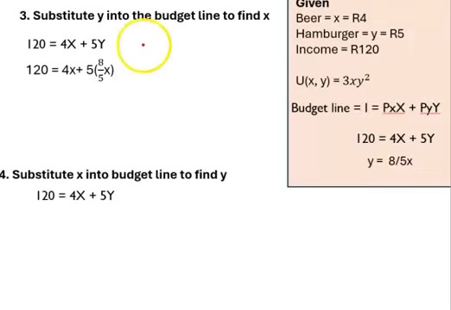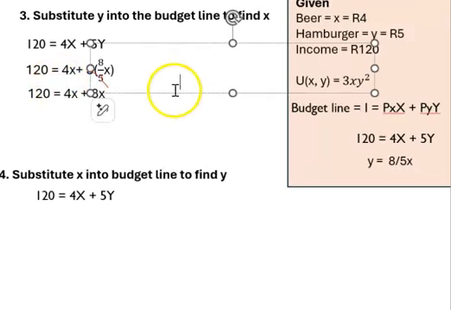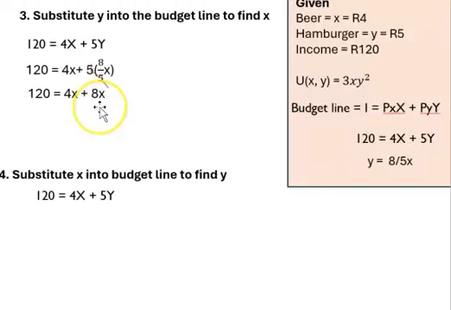And what happens here is that 5 cancels and 5 cancels. And what are we left with? We are now left with 120 equals 4x plus 8x. And this gives us 120 equals 12x, and therefore x equals 10.